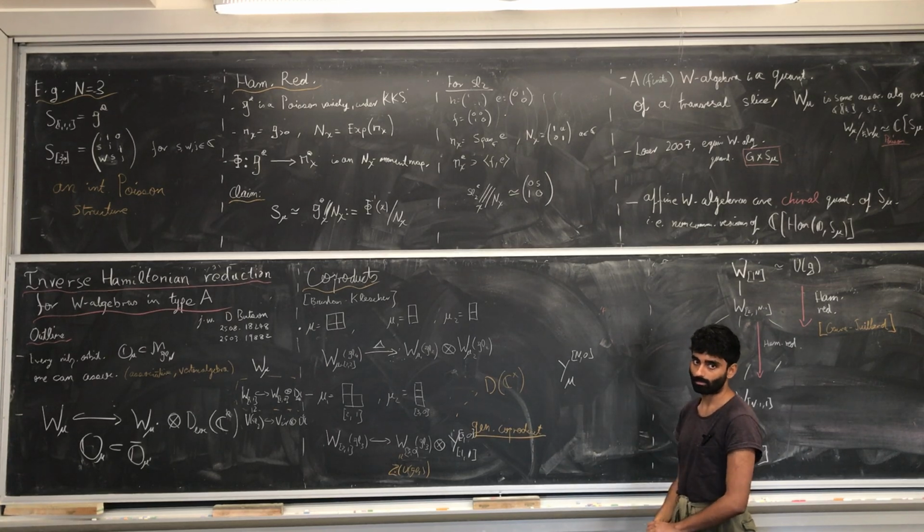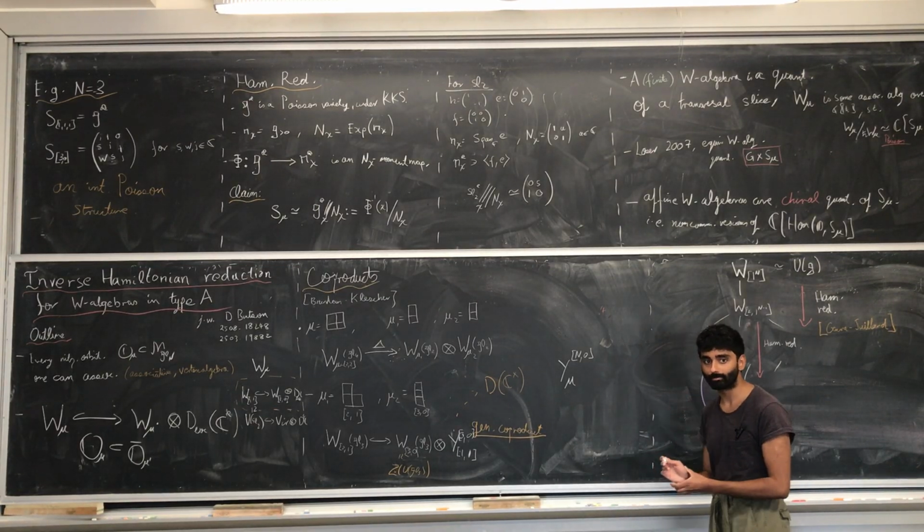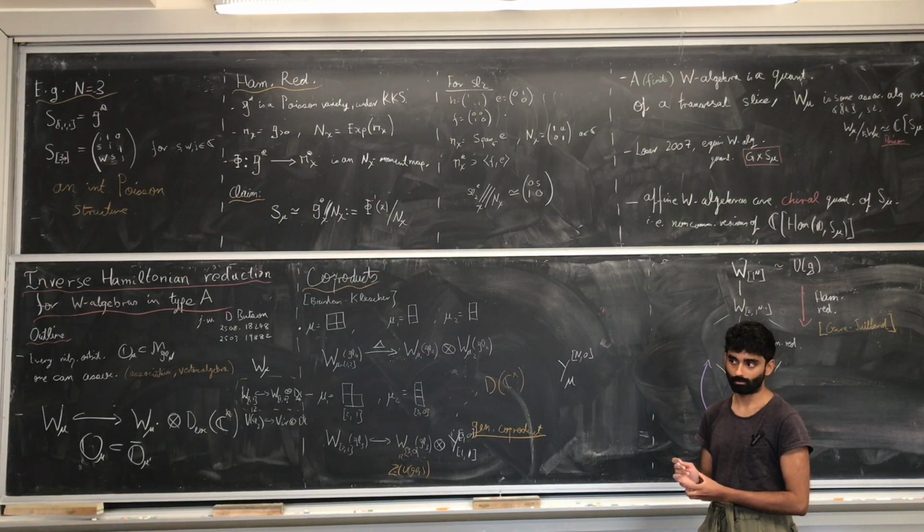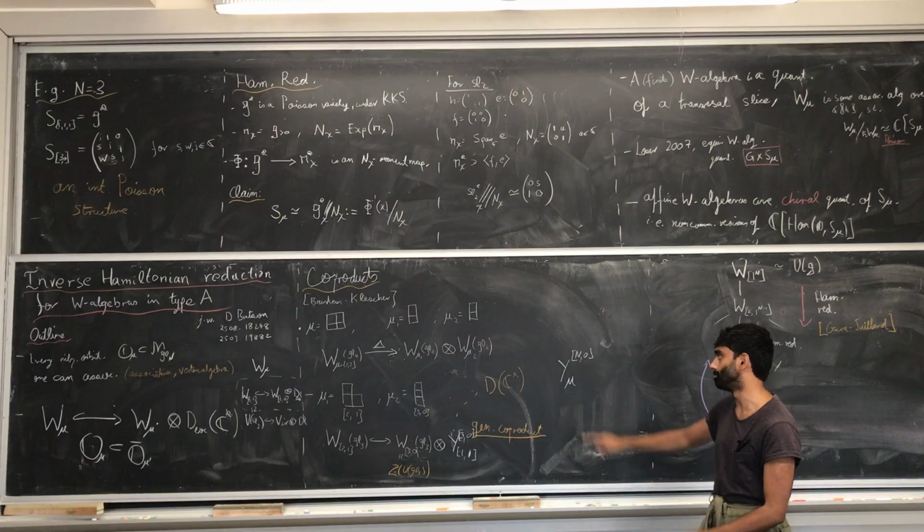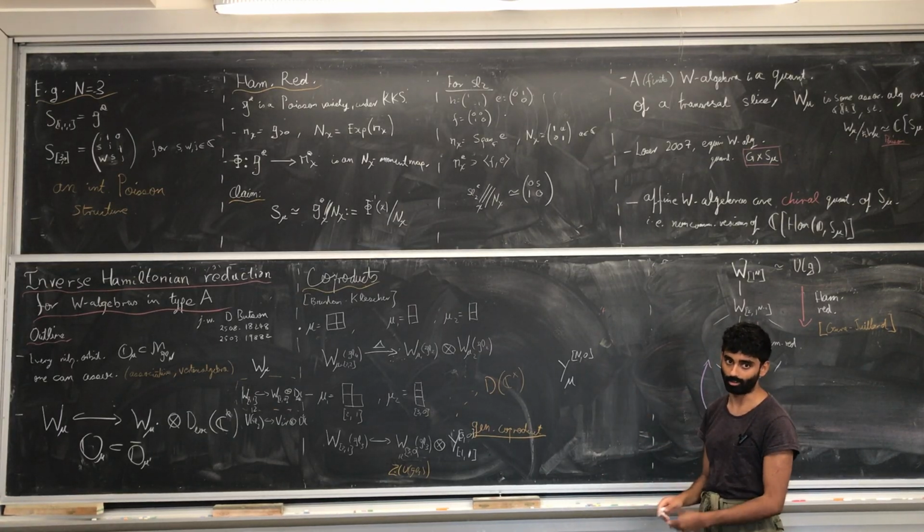Okay, only after you quotient out the center. You only have to quotient out the center. If you wanted to recover the whole thing, then you have to use the deformation parameter.